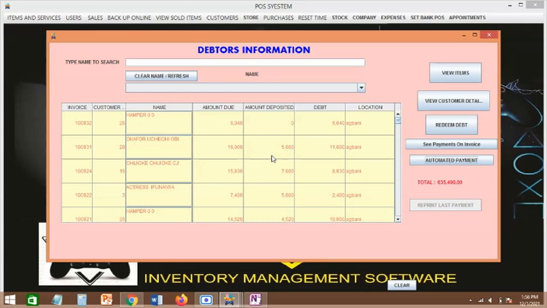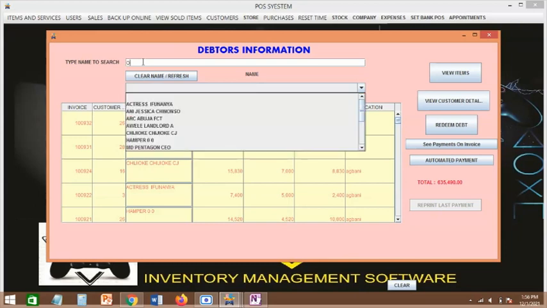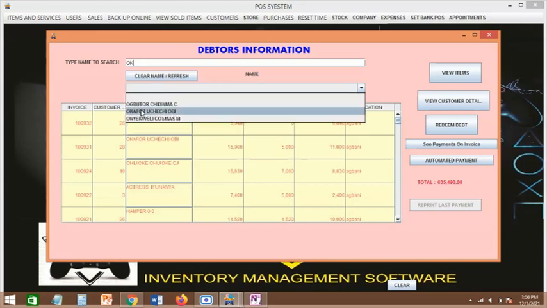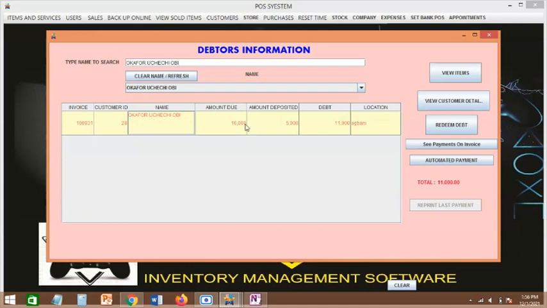Maybe the total amount owing is 100,000 for the 6 transactions made in the past, and he comes to you and says, I want to pay 70,000, or 60,000, or 100,000, or 80,000. Now you have to enter the amount he's paying you. The system will automatically subtract it from all the past invoices to get the actual amount the person is still owing. Or if he has completed, it will complete for him.